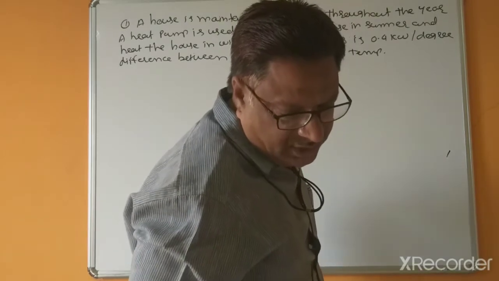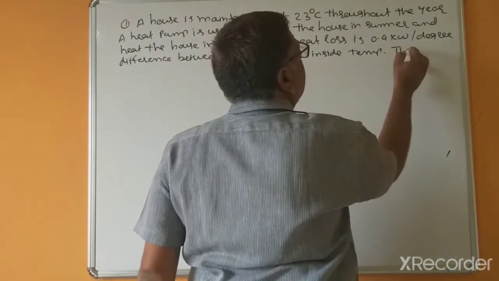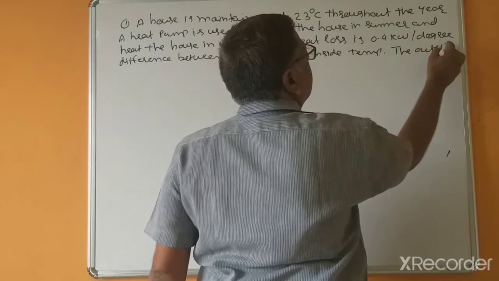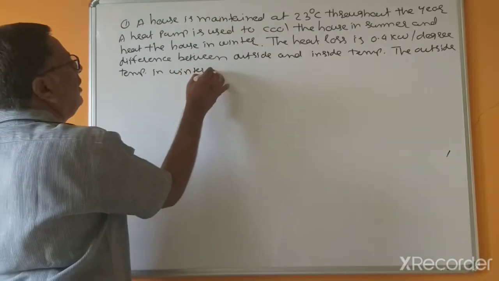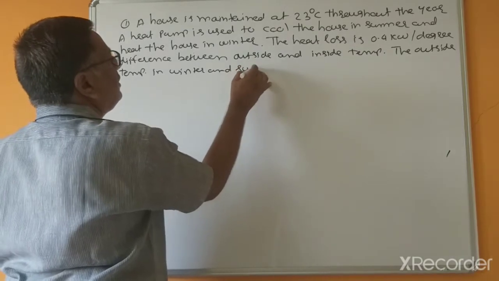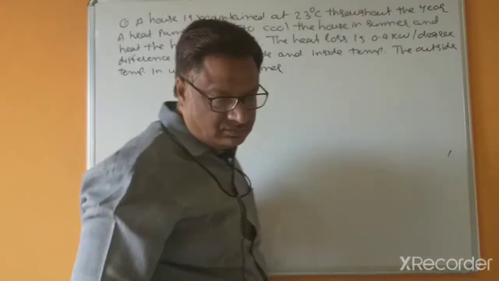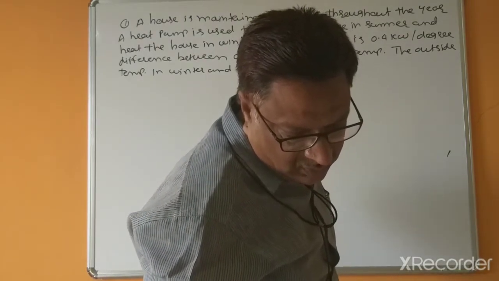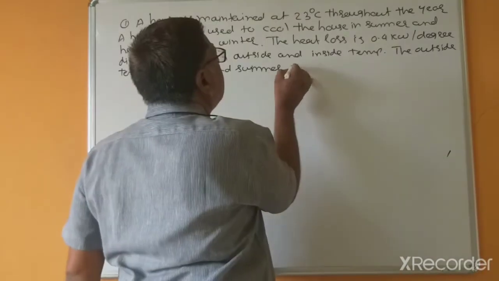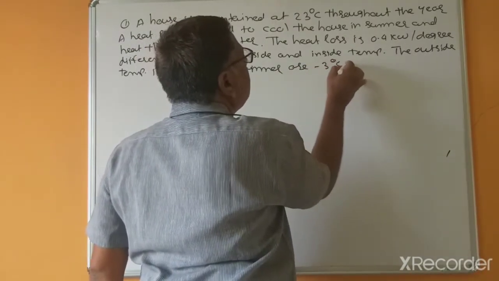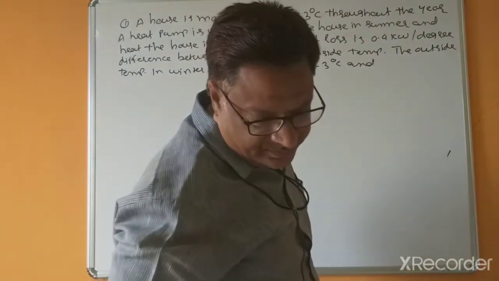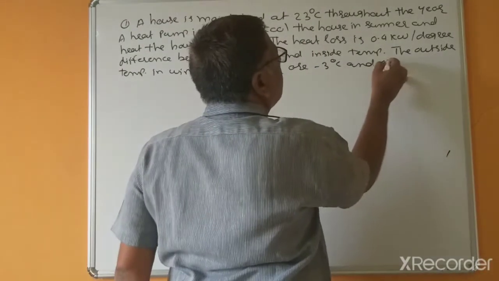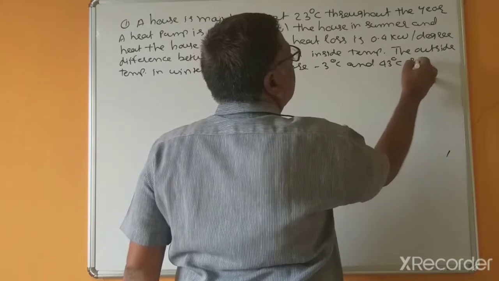The outside temperature in winter and summer are -3 degrees centigrade and 43 degrees centigrade respectively.